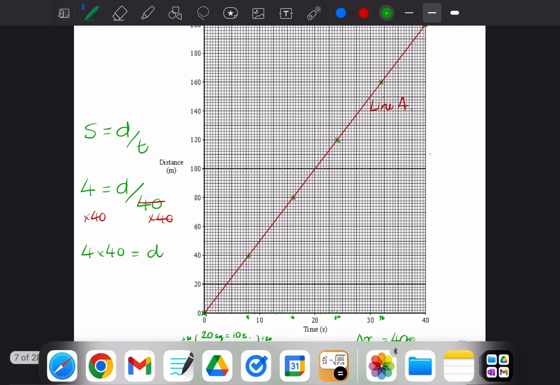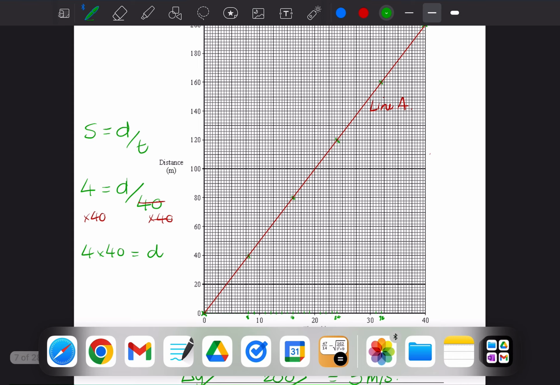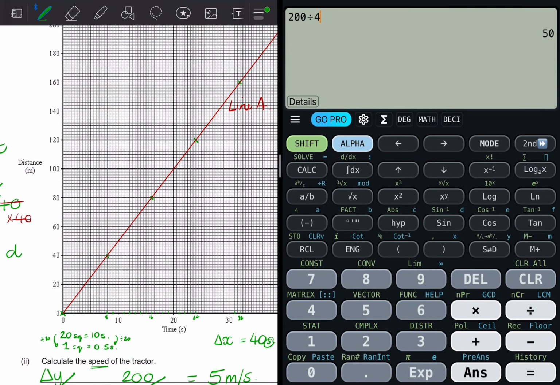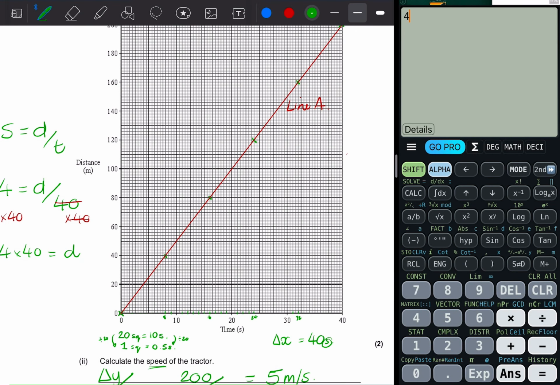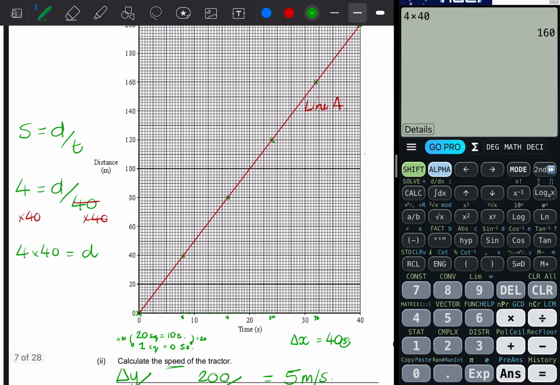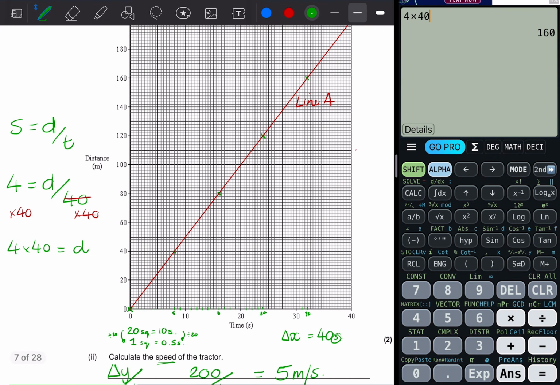So 4 times 40, no matter how easy, do it on a calculator. So the distance is equal to 160 meters in 40 seconds.